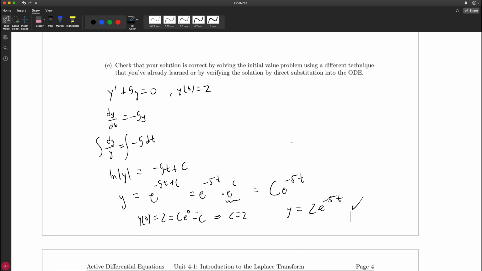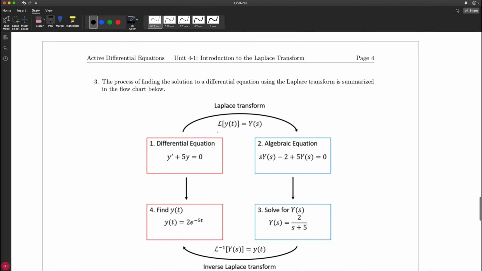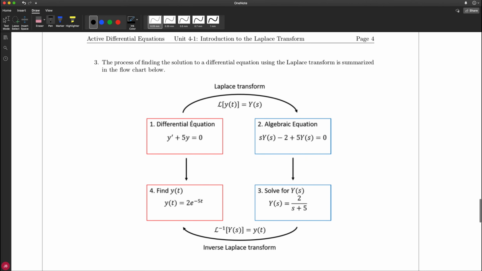And so for a summary of what this process is, let's come to the 4th page of Unit 4.1. This is essentially what we did. So we started with a differential equation, y prime plus 5y. We converted it using the Laplace transform to this algebraic equation, sY of s minus 2 plus 5Y of s equals 0.